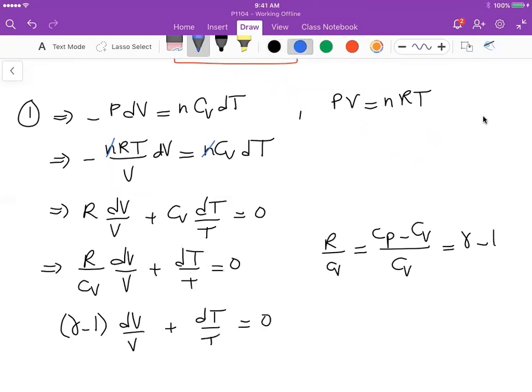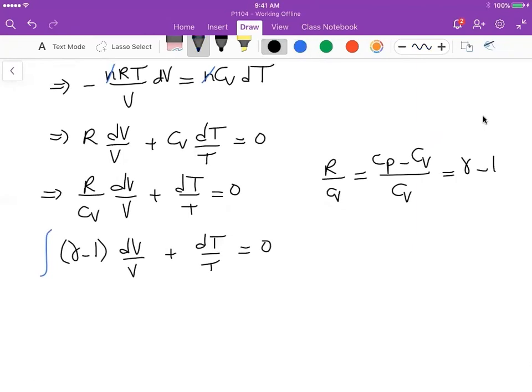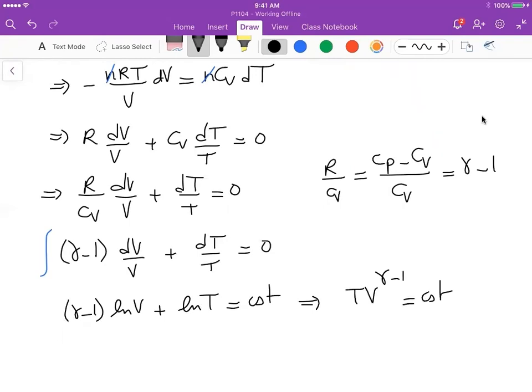Now we integrate this equation and we get ln. So (gamma minus 1) ln V plus ln T equal to a constant. And so this yields finally the relation TV^(γ−1) equals a constant, which is the relation between the temperature and the volume in the case of an adiabatic process undergone by an ideal gas.